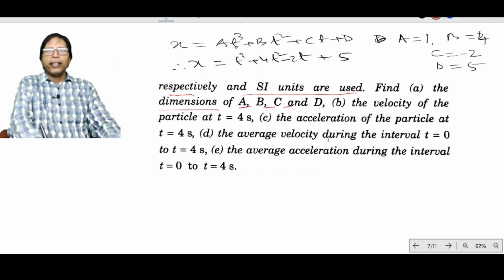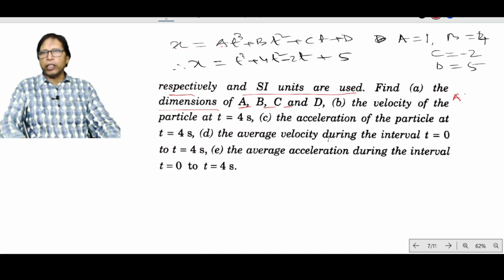Look at this. The dimension of a is the dimension of x by dimension of t cube. So the dimension of a is LT minus 3. Dimension of b is the dimension of x divided by dimension of t square, so dimension of b is LT minus 2.